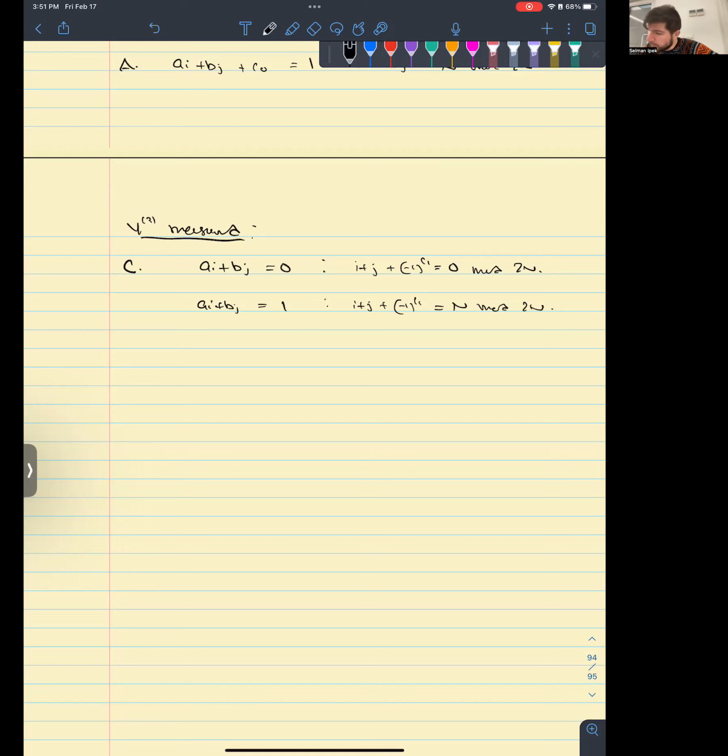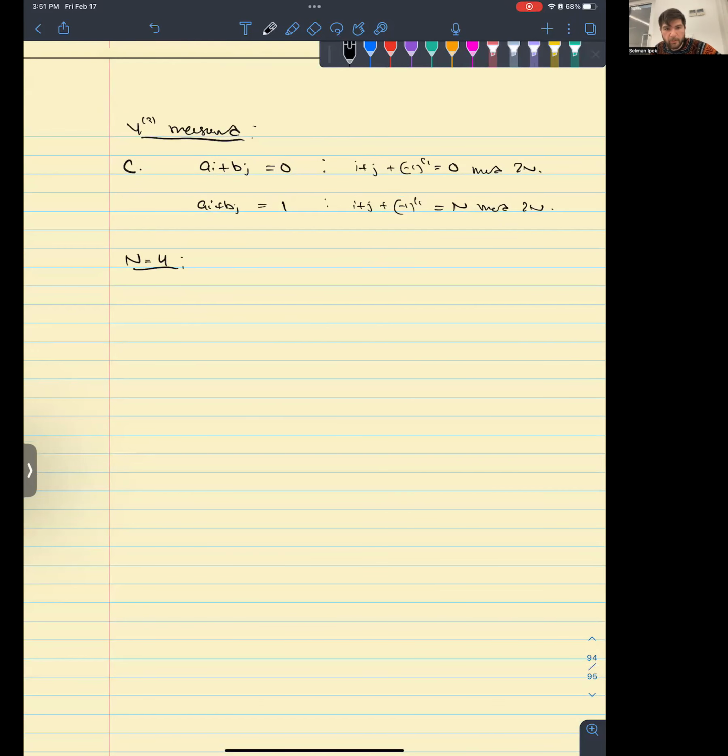And so to show that these sets of equations yield a contextuality proof, let's restrict ourselves to the case n equals 4. So we have to look at only the even integers. So when we have n equals 4, I will write down all of the equations more or less.